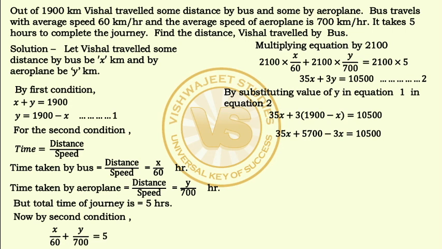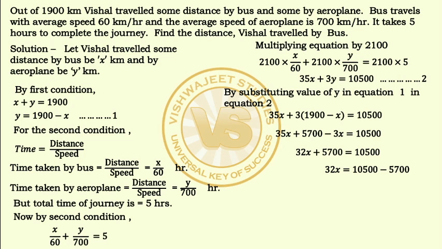After multiplication, we get 35x plus 3 into 1900, that is 5700, 3 into minus x, that is minus 3x, is equal to 10,500. 35x and minus 3x are like terms. By taking subtraction of these, we get 32x plus 5700 is equal to 10,500.